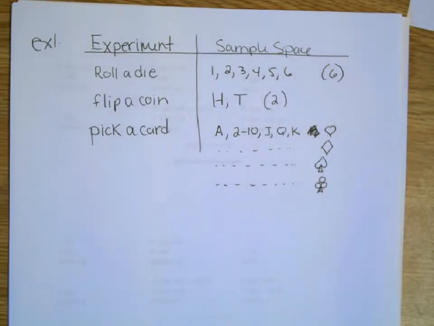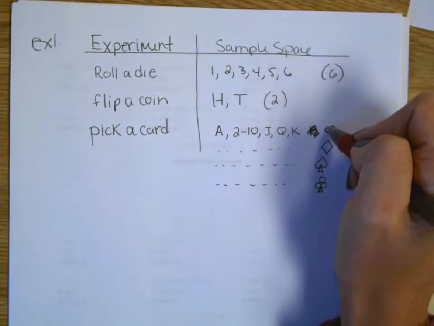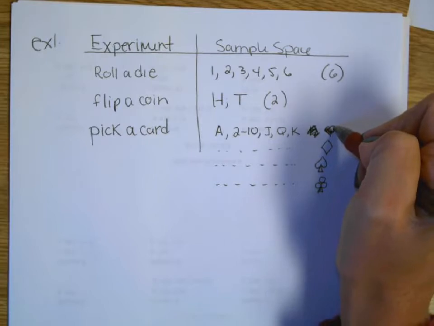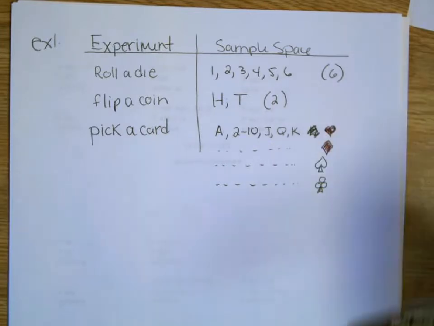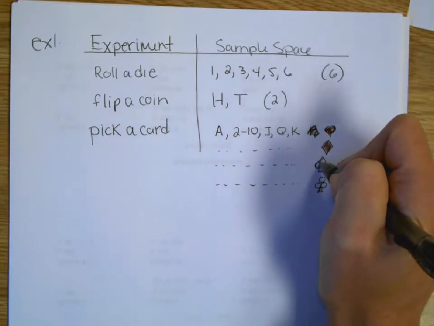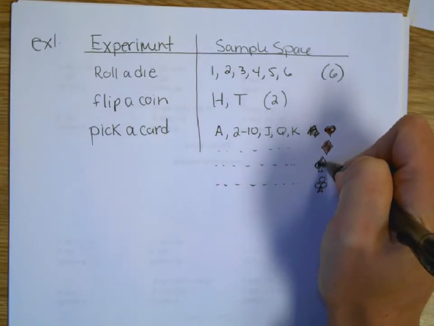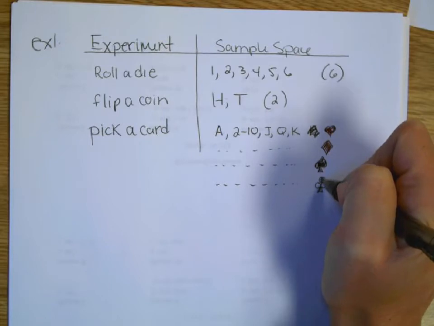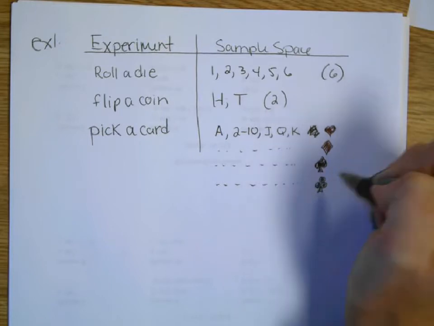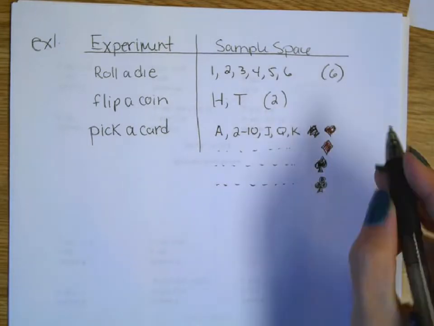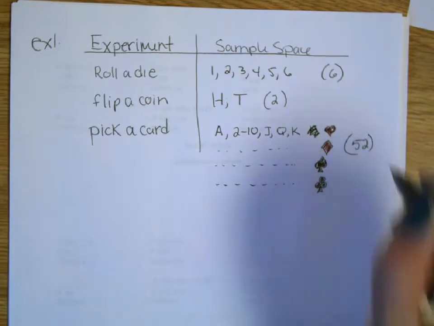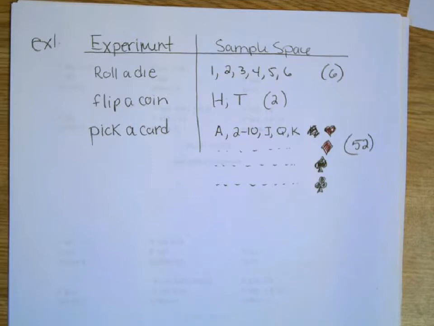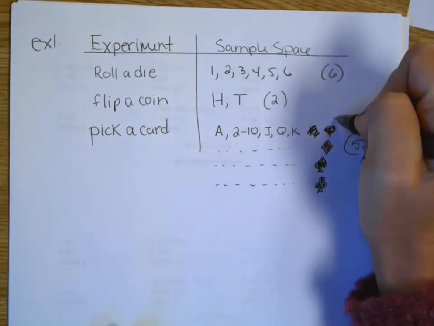The hearts and the diamonds are both red. The spades and clubs are black. So half the deck is black, half the deck is red. There are 13 of each suit, so there are a total of 52 cards. I didn't want to list quite all of them, but 13 of each.